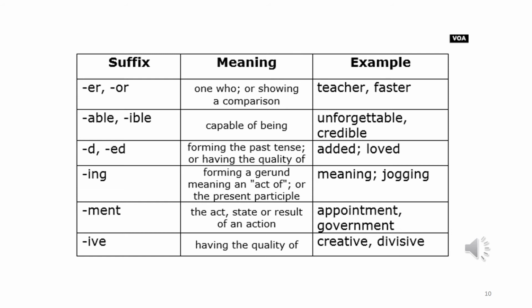Look at the next suffix, ing. Ing is used to convert a verb into a gerund or noun, meaning an act of, or the present participle. For example, mean is the root word. When we add ing, it becomes meaning.